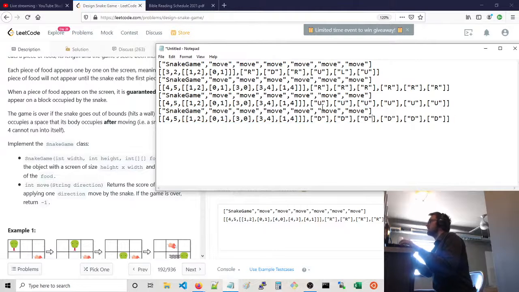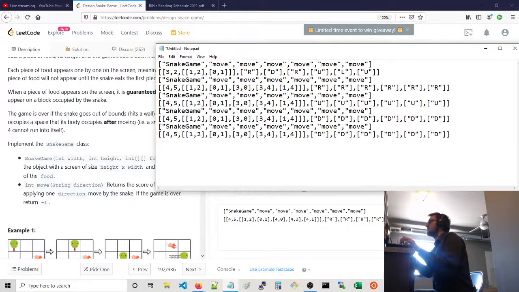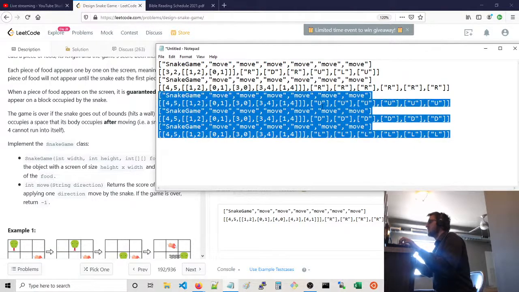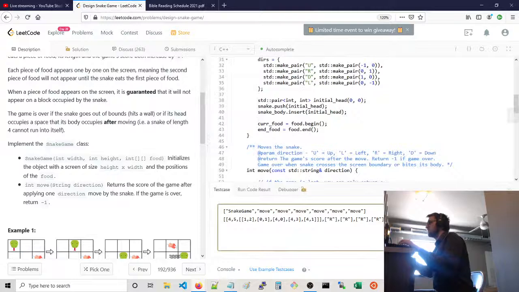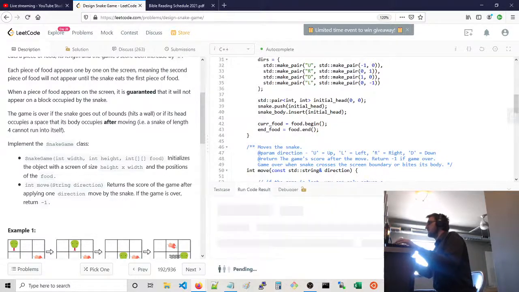We have right, up, down, left. Test all of these in one shot.